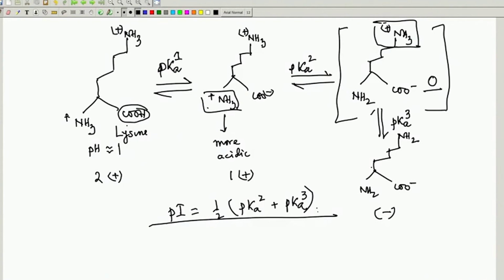So, if you want to separate 3 molecules which have 3 different pIs, you can separate them by applying a voltage and keeping the pH at a certain point where one amino acid does not move. That means the pH is kept at its pI, while the other amino acids will move, because they will have some charge, as their pI does not match the pH. So, pI is a very important concept in peptide chemistry, even in amino acid, peptide and protein separation.